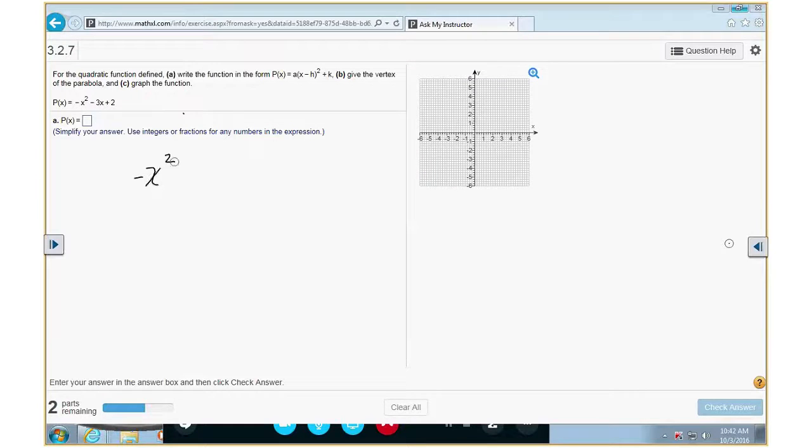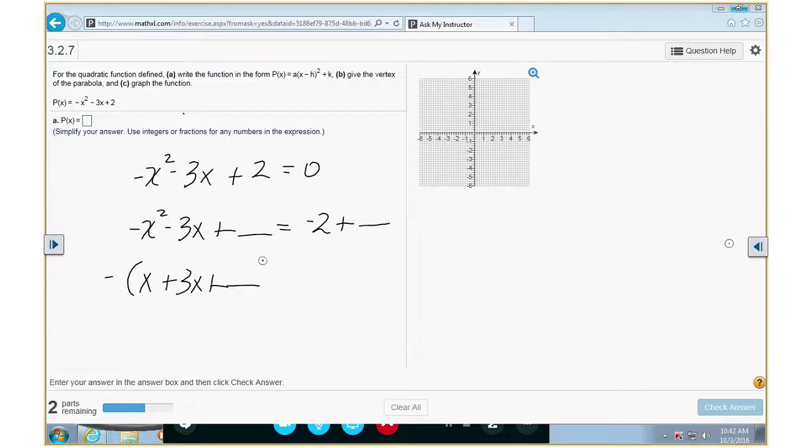Negative x squared minus 3x. I think I'm gonna have to yell at you. Negative x squared minus 3x plus blank is equal to negative 2 plus blank. Negative x squared plus 3x plus blank equals negative 2 plus negative 1 times blank.